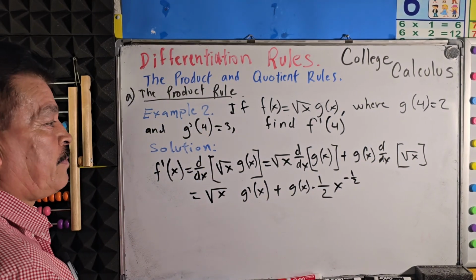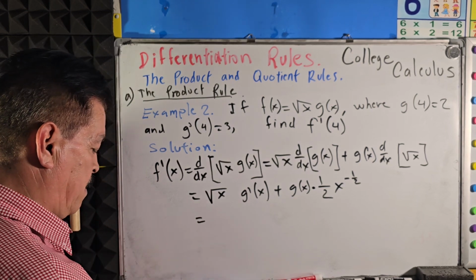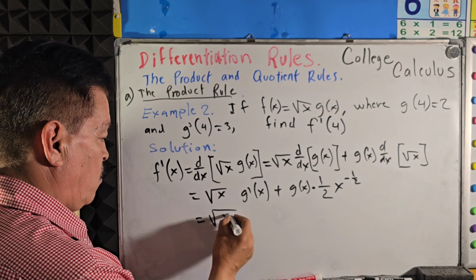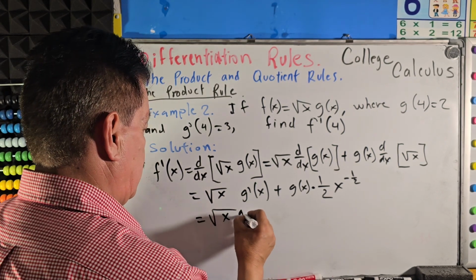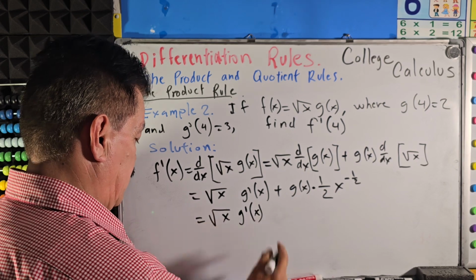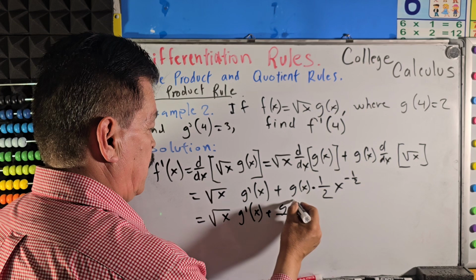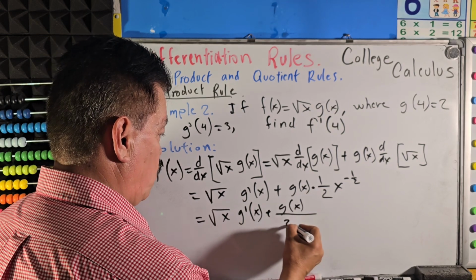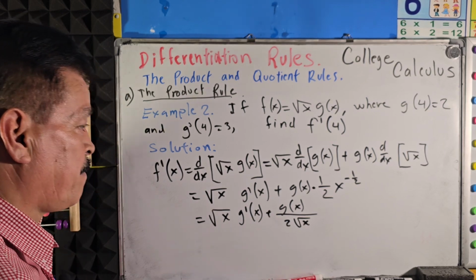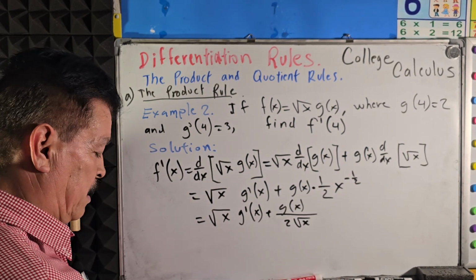All right. So now we simplify here: the square root of x times g prime of x plus g of x divided by 2 times the square root of x. All right? When you simplify this fraction.